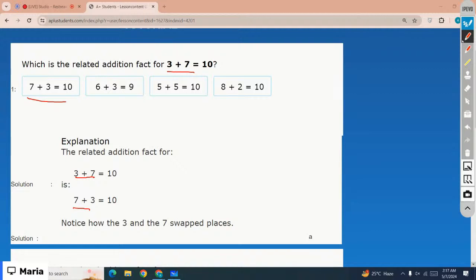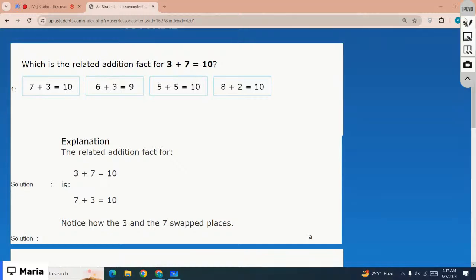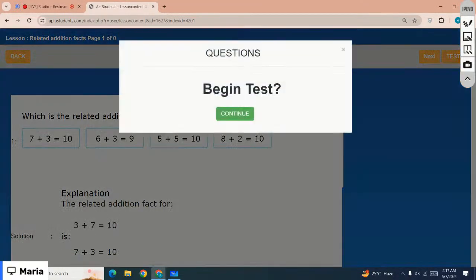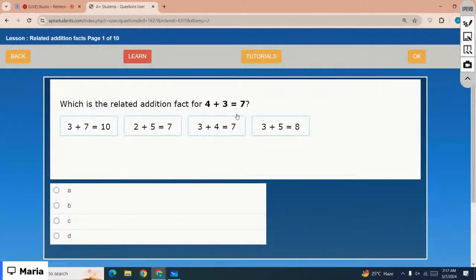Okay, let's just start with the test questions. Which is the related addition fact for 4 plus 3 equals 7? Which is the correct option? That is the same.